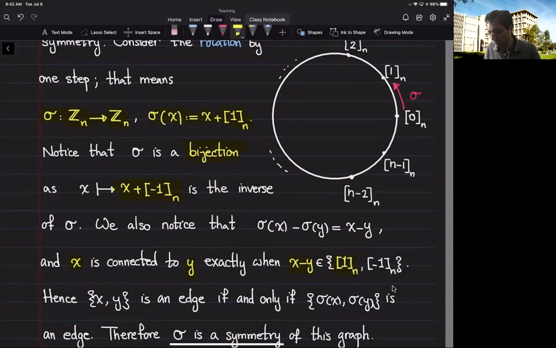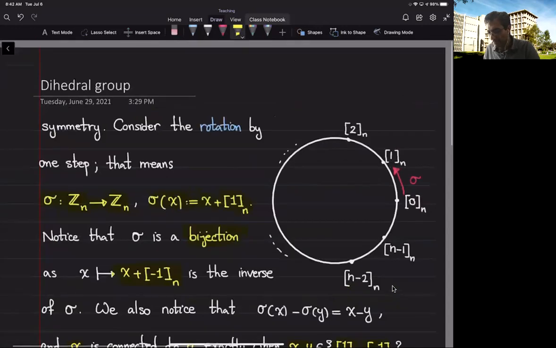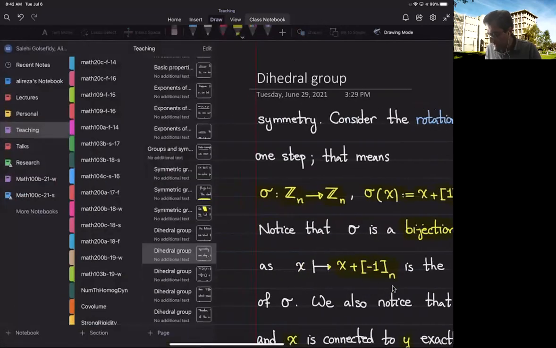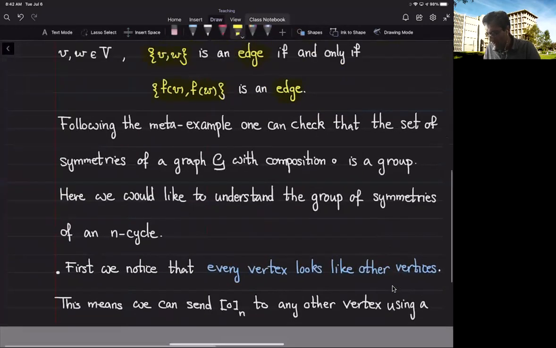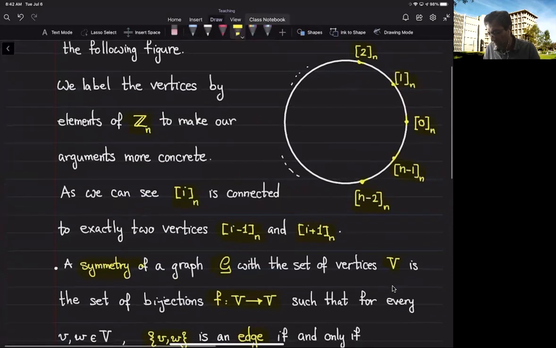So it's either residue class of 1 or residue class of -1. Remember, I is connected to exactly two vertices. One of them is the residue class of I minus 1, and the other one is residue class of I plus 1. So this means if this is connected to some other residue class, then their difference is either residue class of -1 or residue class of 1.